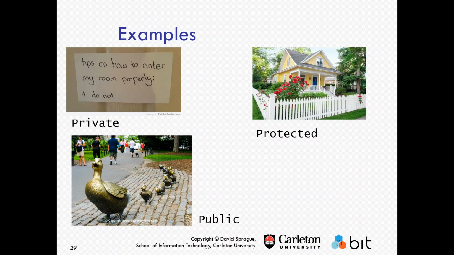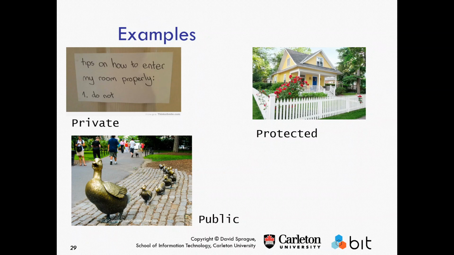Protected is like my house, right? Can you randomly come over to my house? No, you're not allowed to randomly come over to my house, no matter whether you want to or not. You can't walk into my house without telling me. My family members can. My sons can come and go as they please. Everyone in my family can, but random other people can't.